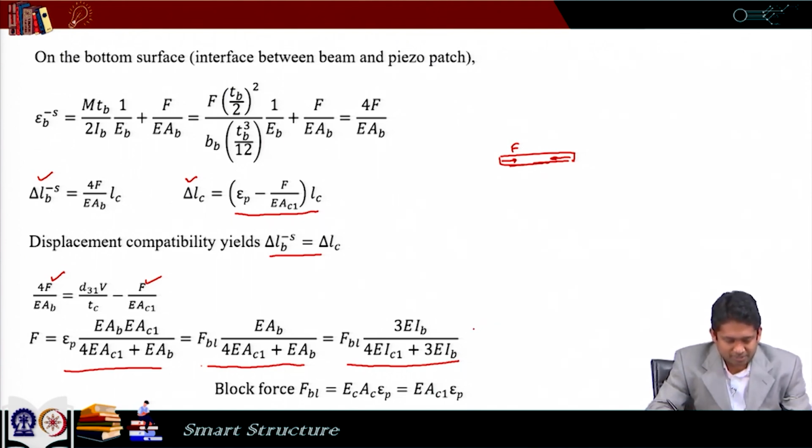Now, that gives us the expression for our actuation force. Once we know the actuation force, our problem is solved, then we can analyze the beam and find out its deformation and other quantities of our interest.